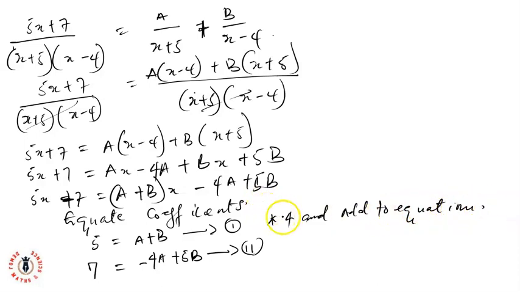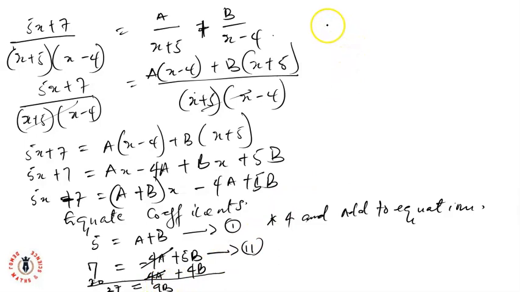Let's do that. 4 times 5, here I'll have 20. 4 times A, I have 4A. And 4 times B, I have plus 4B. Now we can add both equations together. Minus 4A and 4A cancel. 7 plus 20, that's 27, is the same thing as 5B plus 4B, that's 9B.